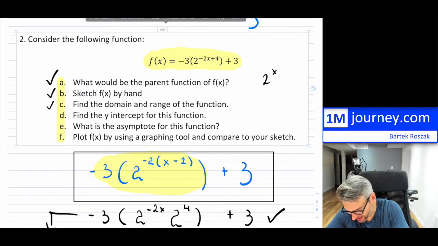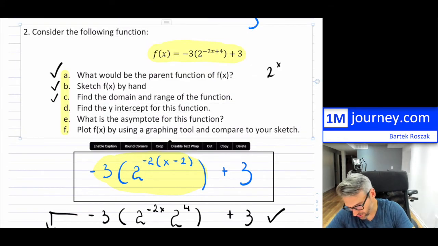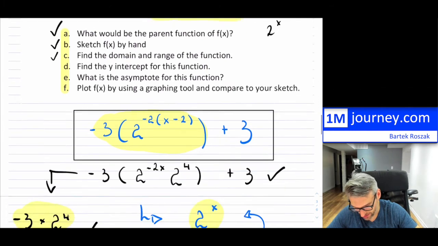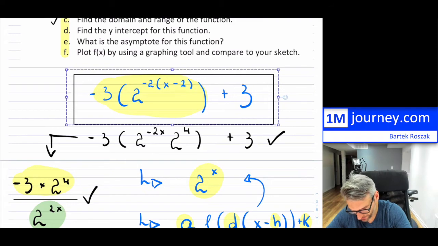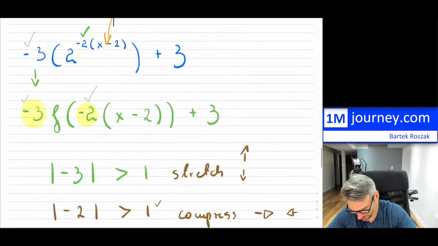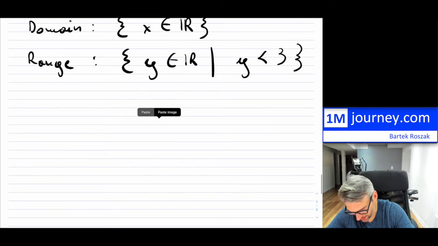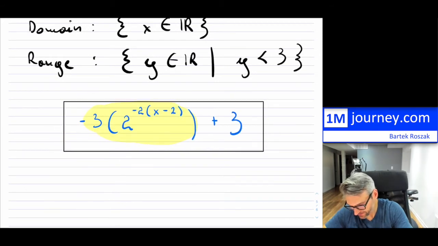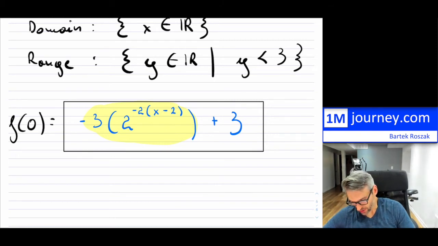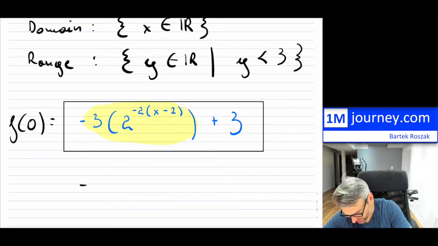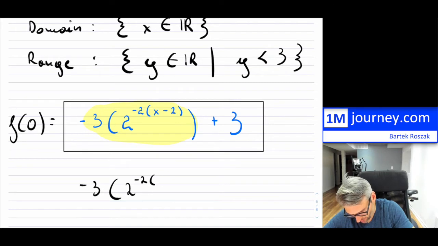Now it says find the y-intercept. For this, I'm going to copy this down. The y-intercept happens at f of 0. So if I substitute, it's going to be negative 3 times 2 to the negative 2 times 0, minus 2 plus 3.